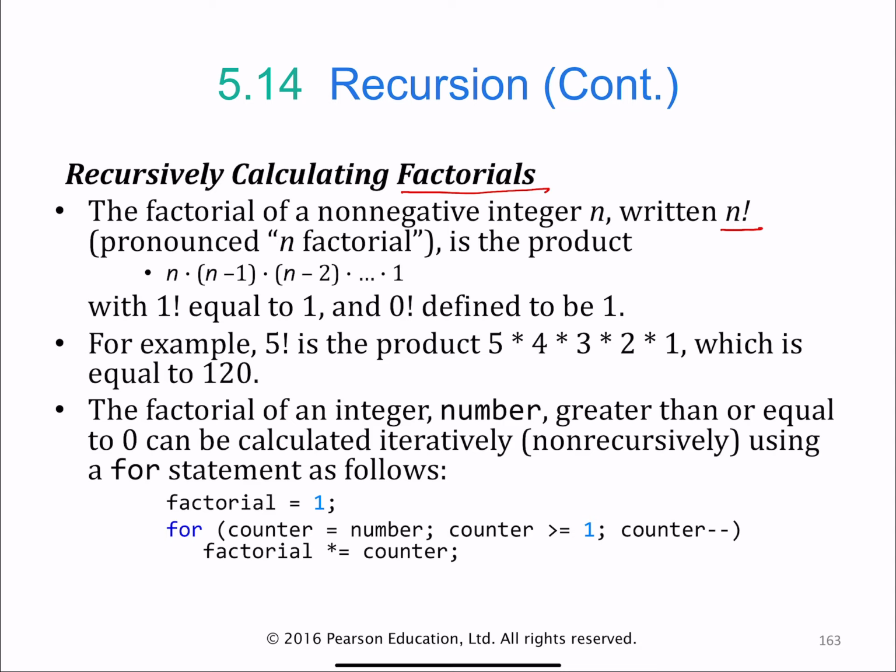What does n factorial mean? N factorial means n multiplied by n minus 1 times n minus 2 times n minus 3 times n minus 4, and these terms become smaller and smaller until we reach 1. N, of course, can only be an integer.